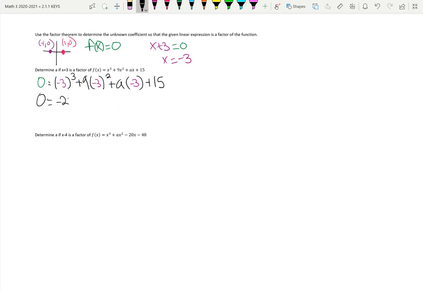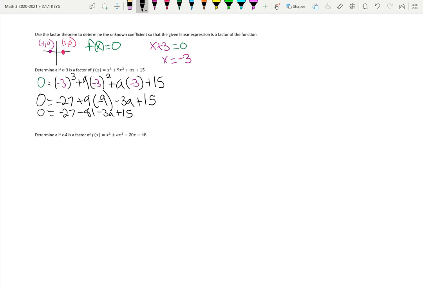I go ahead and evaluate these guys. 3a plus 15. Positive a times negative 3 is negative 3a. So continuing, 0 is going to be equal to negative 27 minus 81 minus 3a plus 15.